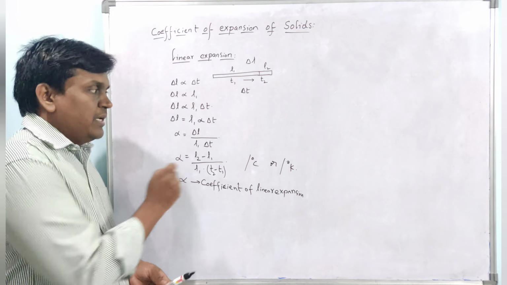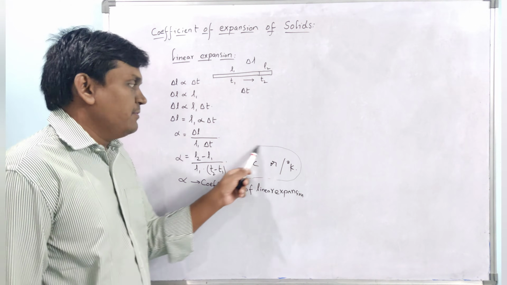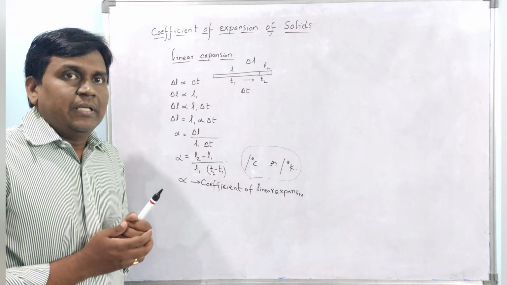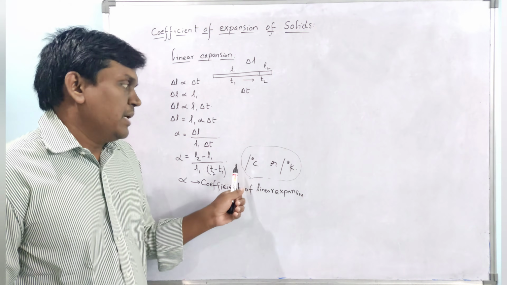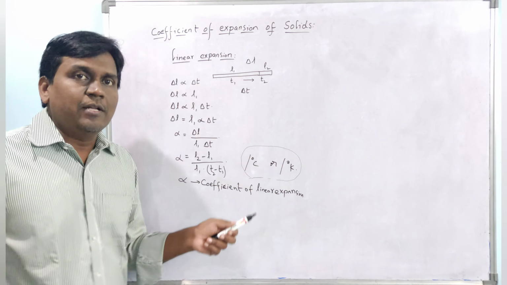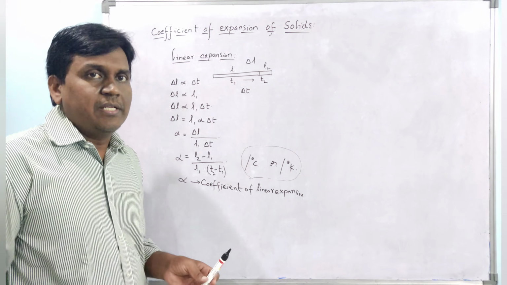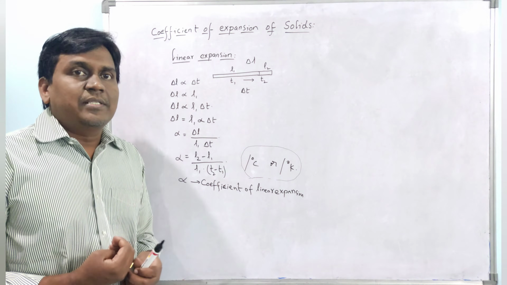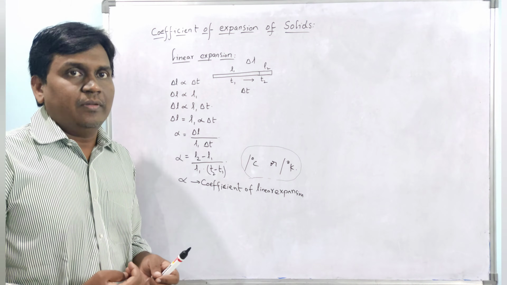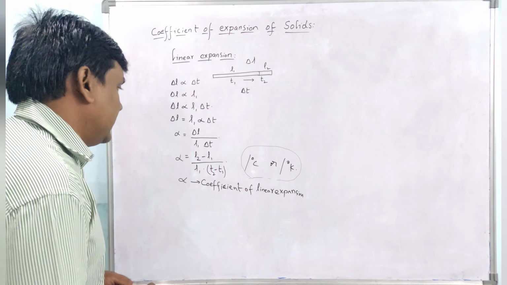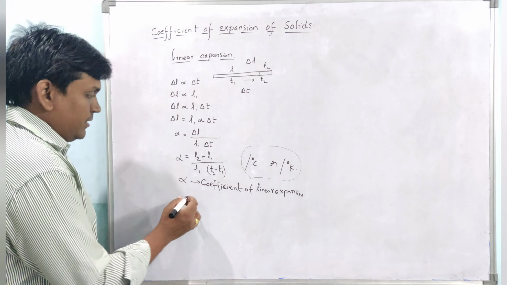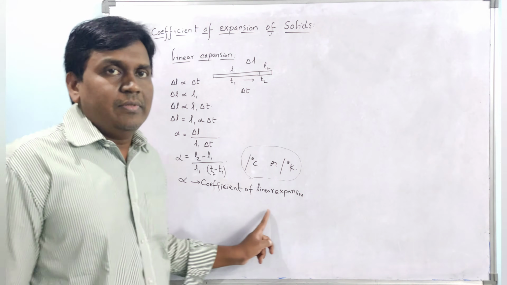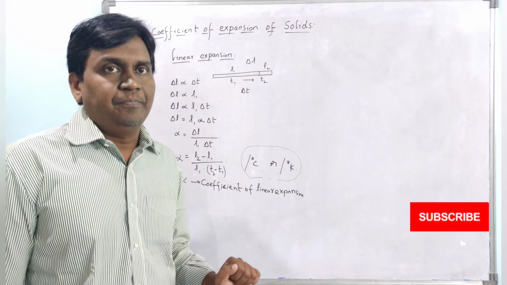If the alpha value is very small, then it won't affect the scale. If the alpha value is very big, then it affects the scale. So by the difference in the scale also, the alpha value will change. So the alpha value depends upon the nature of the material and the scale of temperature units. That is about alpha, and alpha is called the coefficient of linear expansion.